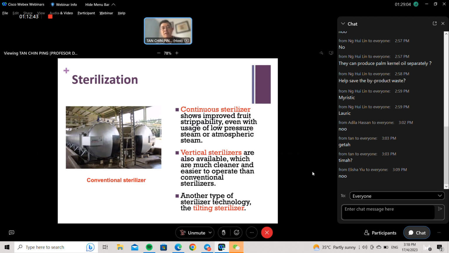It can be a continuous sterilizer, but you still need to close it once. Maybe they can accept 4 cages, like a train, you can accept 4 cars into this particular sterilizer, and they close both sides and then start to supply steam.